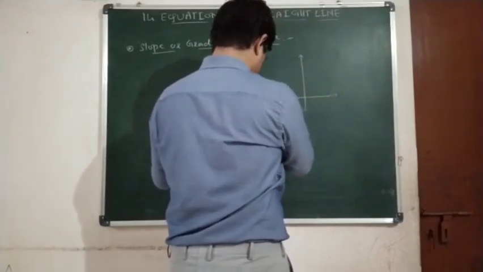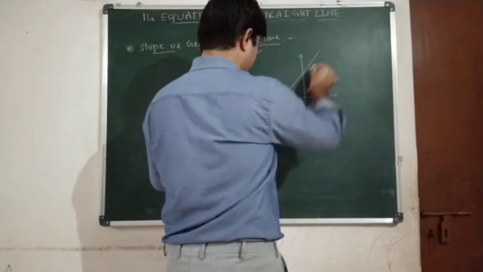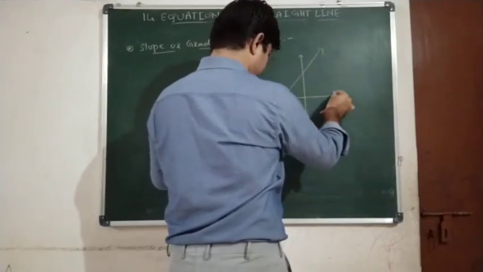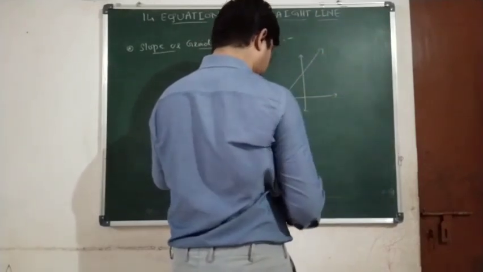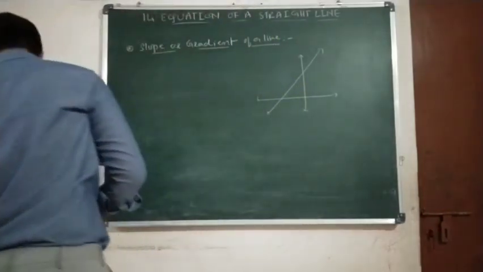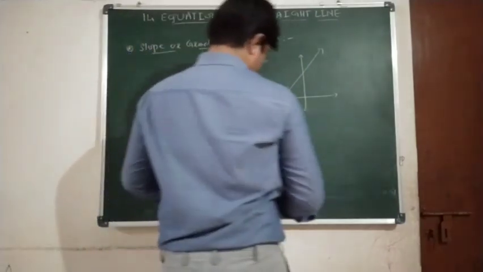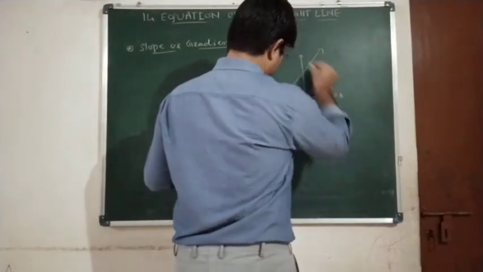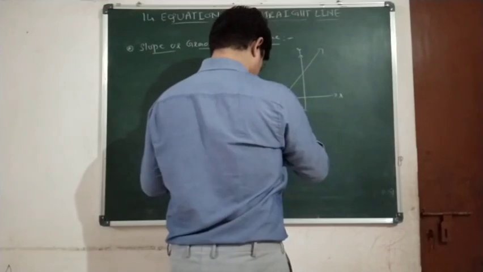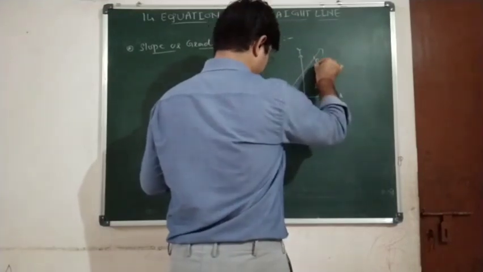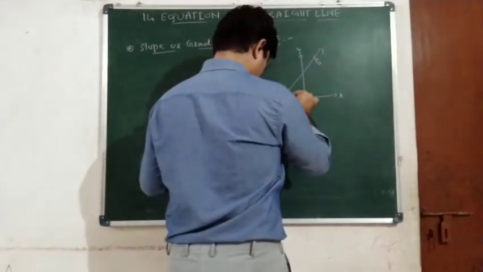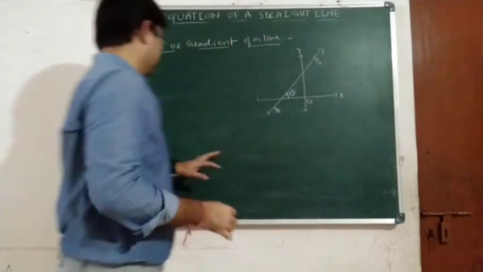For that, once again we are going to draw a diagram: X, Y, and say this is line AB, and the angle of inclination is theta.